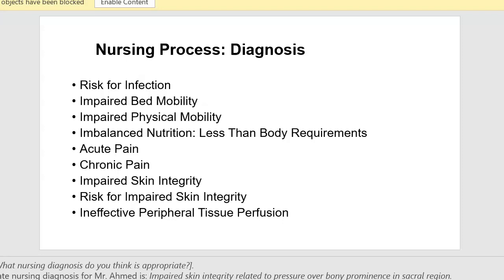And so we'll see risk for infection, impaired bed mobility, impaired physical mobility, imbalanced nutrition, less than body requirements, acute pain, chronic pain, impaired skin integrity. So that's one we'll see often. Risk for impaired skin integrity, ineffective peripheral tissue perfusion.